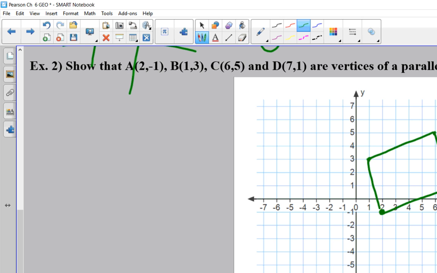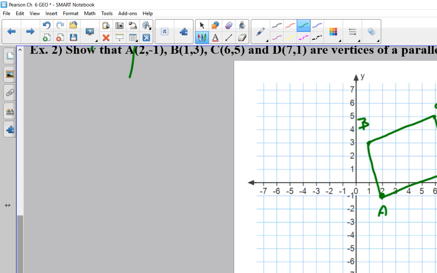Connect them. And they tell me that they're vertices of a parallelogram, so I'm going to use all that stuff. So I got A, I got B, I got C, and I got D.